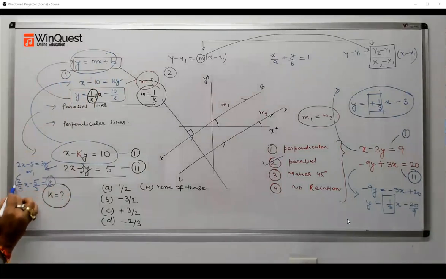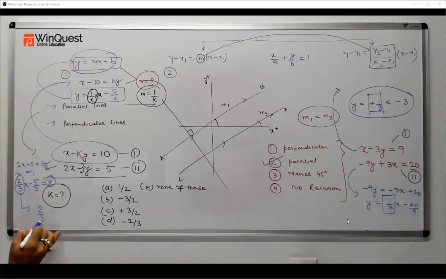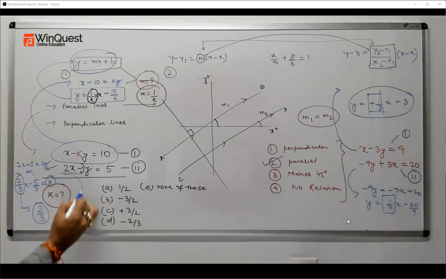So y equals mx plus c, whatever, I don't care. Slope of this is 2 by 3. This is the slope of this line. Are we clear? Yes, sir.